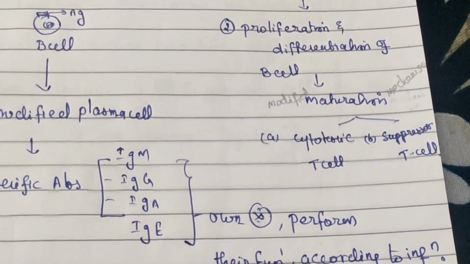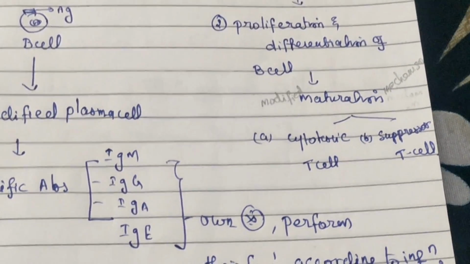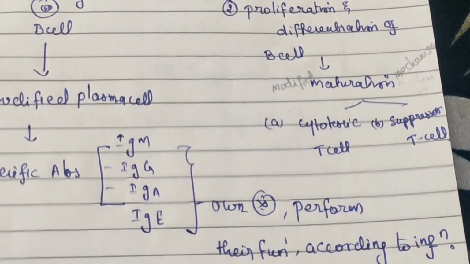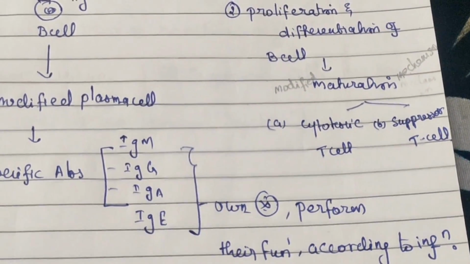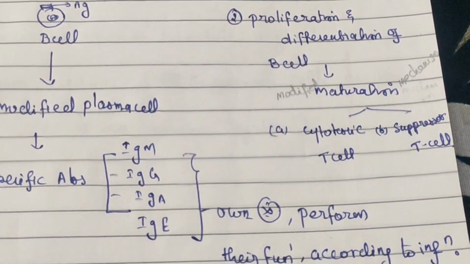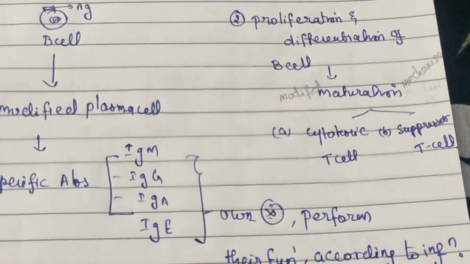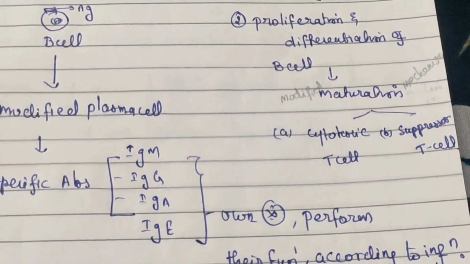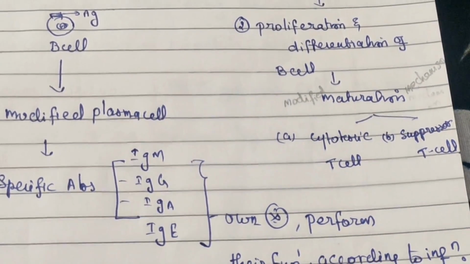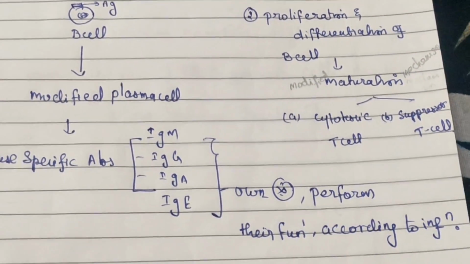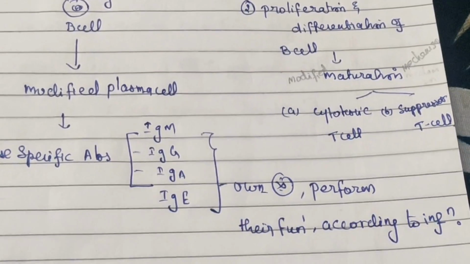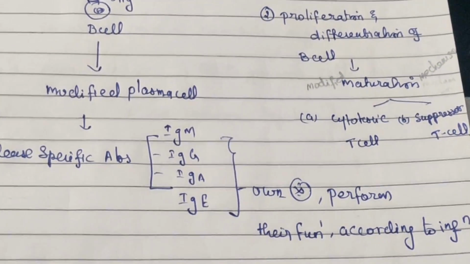So there is also a maturation mechanism towards the B cell, and along with that there are the cytotoxic T cells and suppressor T cells.